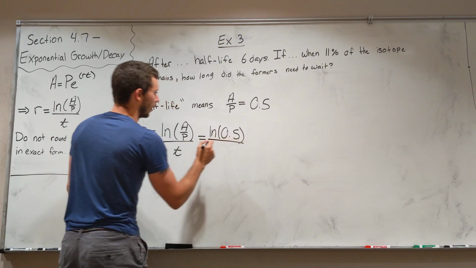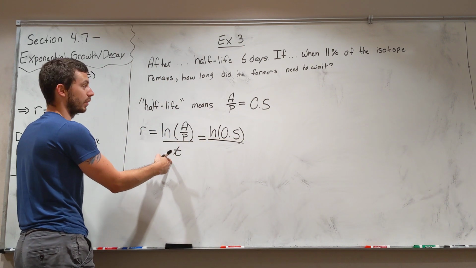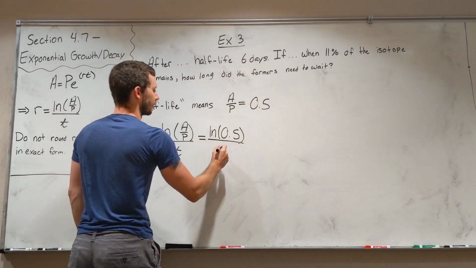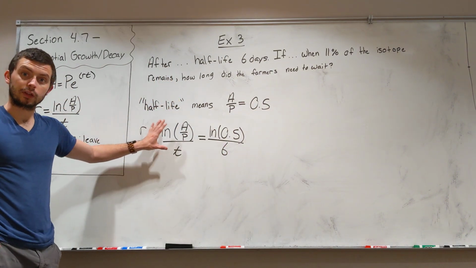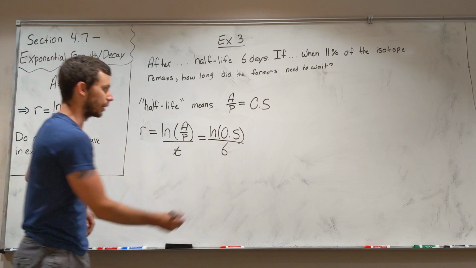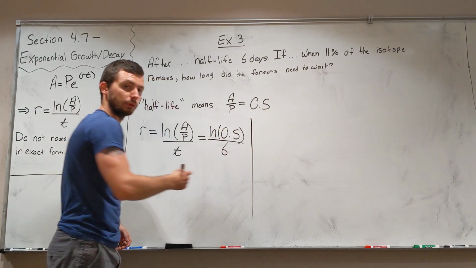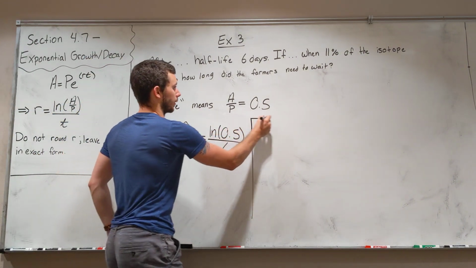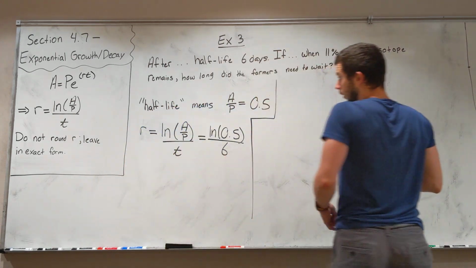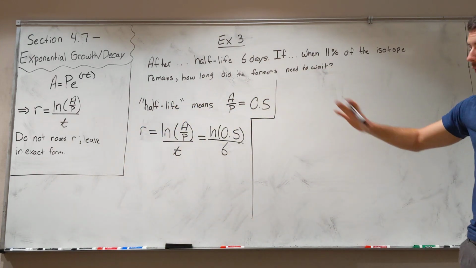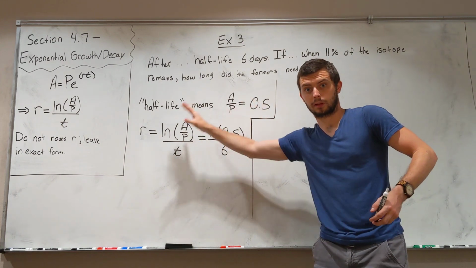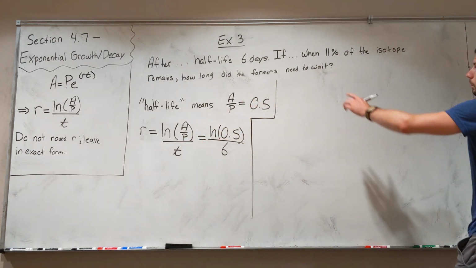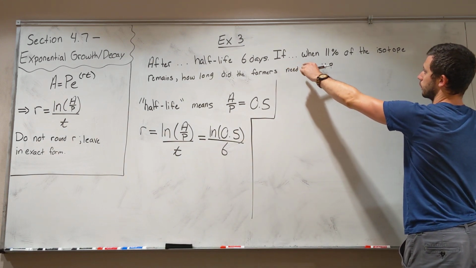And all of this is divided by whatever the time of the half-life is, which is 6 days. So we'll put 6. Although this is not the answer for the problem, this is an intermediate step that we will definitely utilize going forward. So now, that's us utilizing the half-life part of this problem. This is where the half-life comes into play. And from now, we move on to the next sentence.